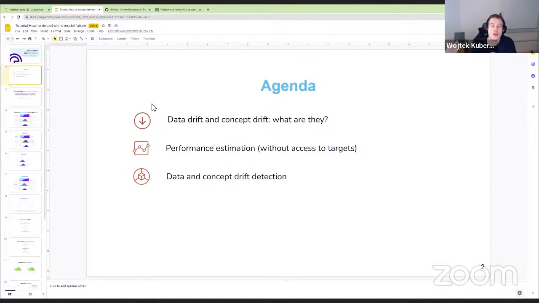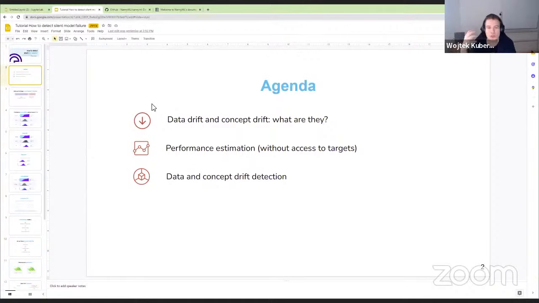Then we're going to go from that to the second point, which is performance. We're going to talk first about why we can't simply calculate the performance of our models like we would like to in most cases, and we need to estimate it instead. Then we're going to delve deeper into the algorithm that we developed, which is, as far as we know, the only algorithm available right now to a wide audience that can estimate the performance of a machine learning model without having access to ground truth or targets.